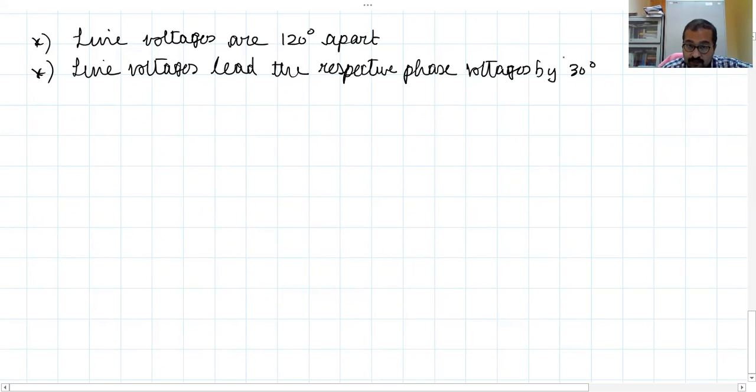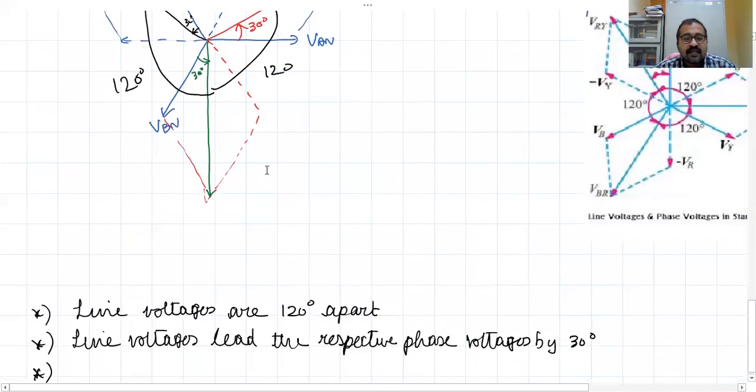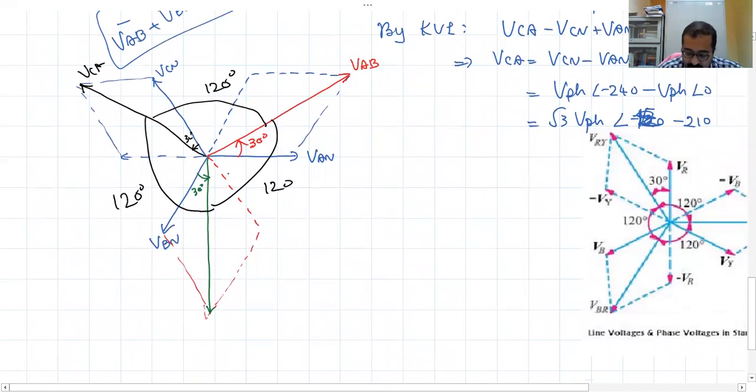Which phase sequence did we assume? We assumed ABC phase sequence. Otherwise, it will be the opposite way, lagging by 30 degrees. So line voltages are 120 degrees apart, and they lead the respective phase voltages by 30 degrees. Keep in mind we have assumed anticlockwise rotation or ABC phase sequence.